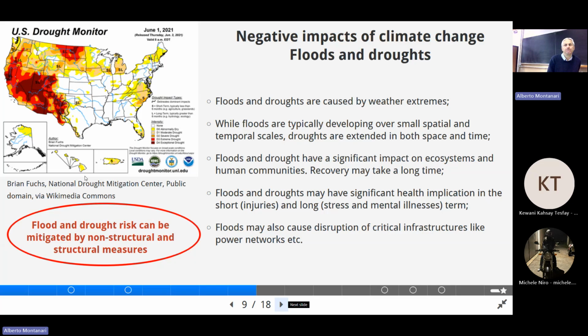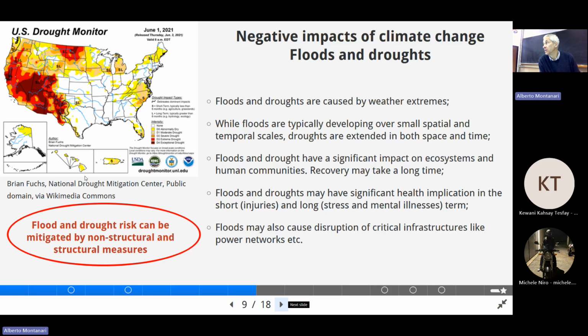Good. And what is the non-structural measure? It's also called the nature-based solution. It is a measure that is developed by using nature-friendly interventions, like, for instance, ecosystem services, like reducing the water consumption rather than increasing the water supply.